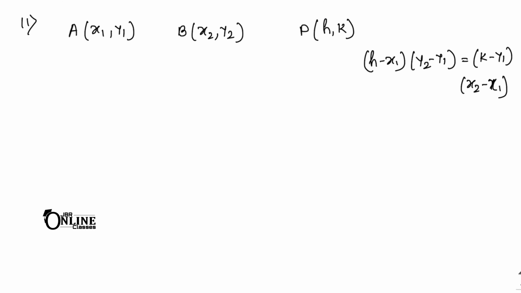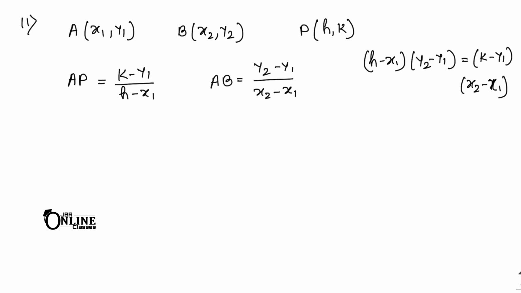So first you have to find out the slope of AP, you can write down directly. Sorry, extremely sorry for that, AP will be (k minus y1) over (h minus x1). Now the slope of AB equal to (y2 minus y1) over (x2 minus x1).